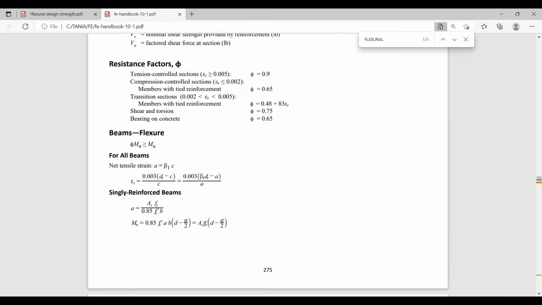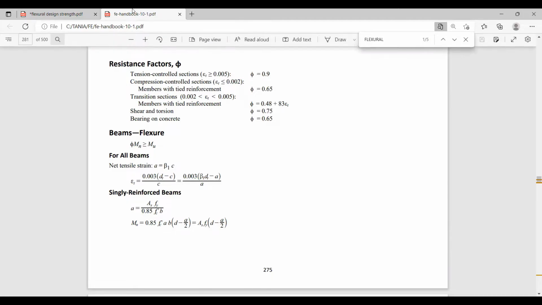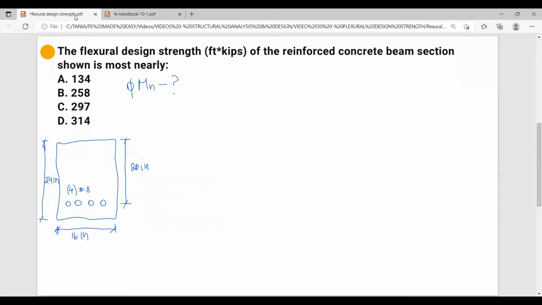Let's use this one because we can calculate a and d is given. So let's write this formula down. Mn equals As times Fy times (d minus a over 2).